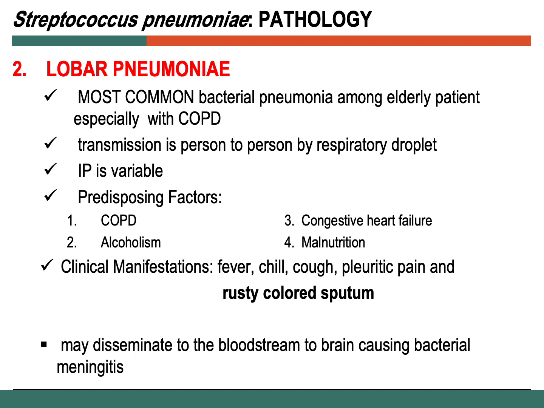The clinical manifestations of lobar pneumonia are fever, chills, cough, pleuritic pain, and rusty colored sputum. Lobar pneumonia is characterized by the presence of voluminous fluid, which hastens the spread of bacteria to the lungs. Lobar pneumonia may disseminate to the bloodstream to the brain, causing bacterial meningitis.